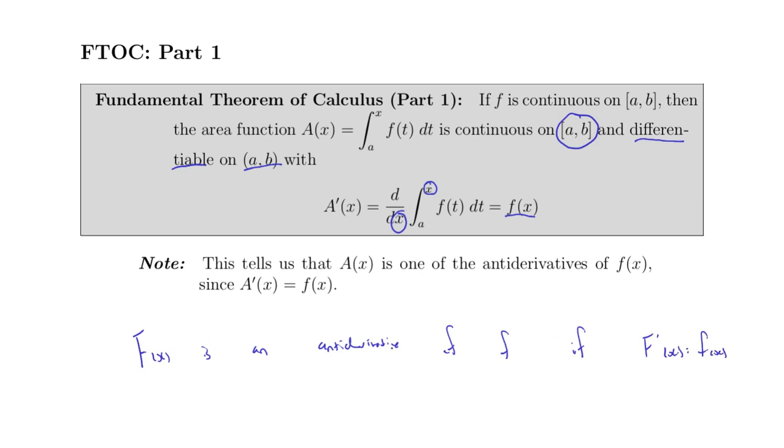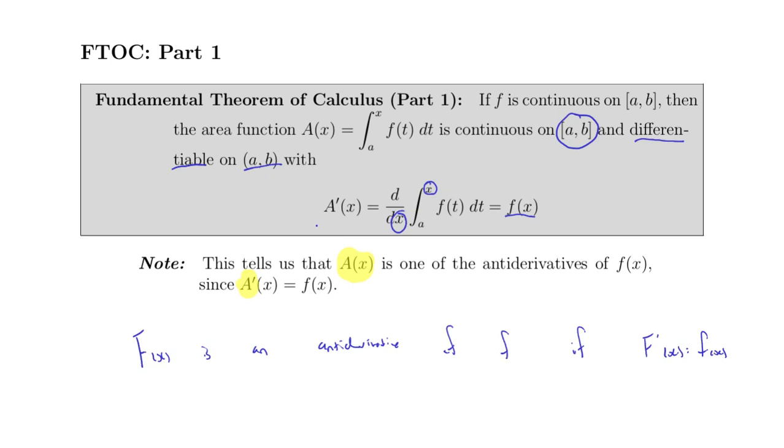And that is exactly the relationship that we've got here, right? So what we can say now is that A of x is one of the antiderivatives. We can come up with the family of antiderivatives pretty easily from there, and that's what we're going to use to prove the second part of the fundamental theorem of calculus, which is more useful for us.